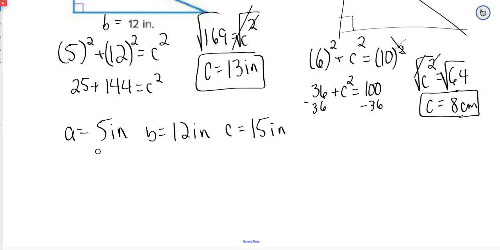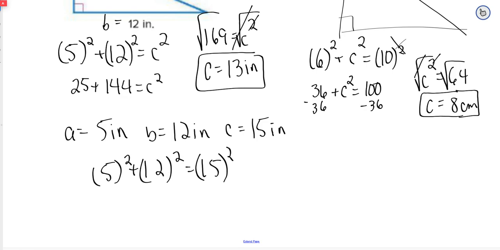So you would just set up the equation, 5 squared plus 12 squared equals 15 squared. And you do the math and you say, well, this is 169 and this is 225. That doesn't work, okay? So that's not a right triangle. This could be the only other thing that you might see, but we can use the information that we learned up here to do that as well, okay?